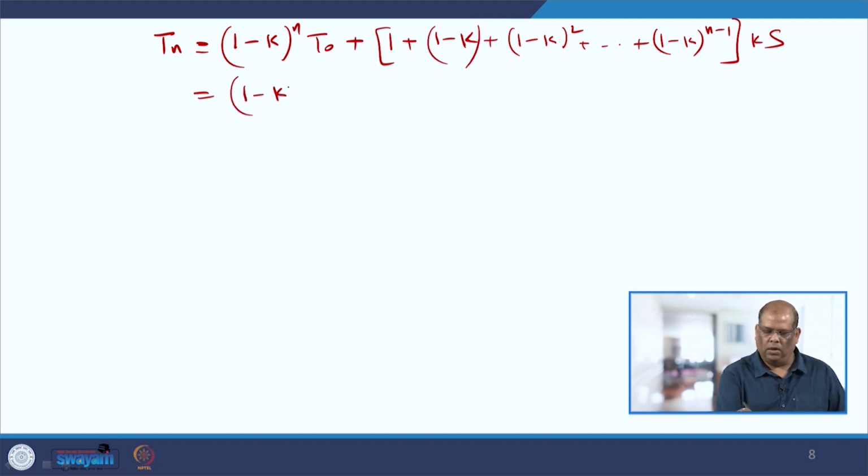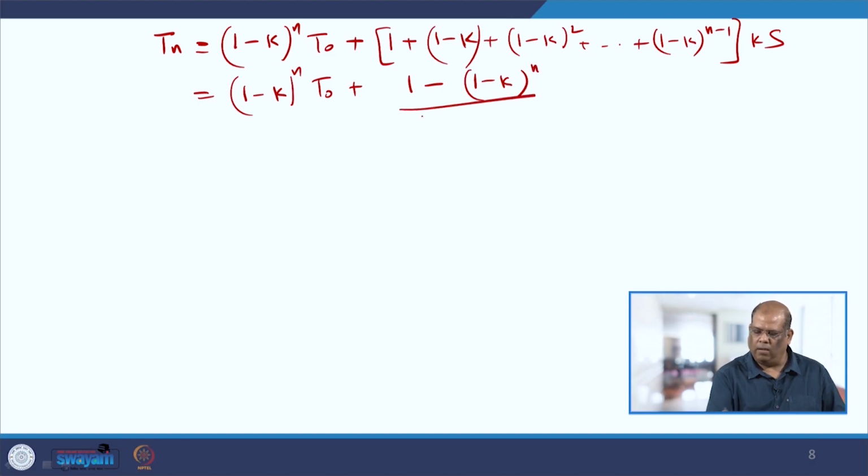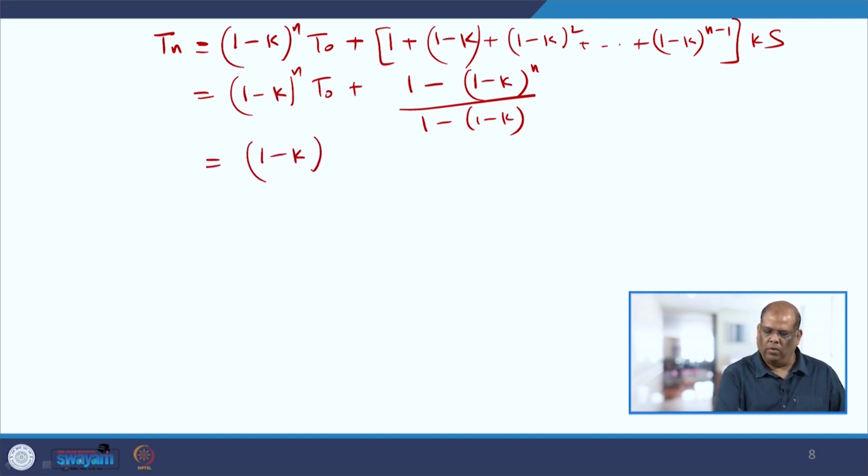So, a simple GP series, which is (1 minus (1 minus k) to the power n) divided by (1 minus (1 minus k)), and this is (1 minus k) whole to the power n T0. Here k is there, this and this cancel, this becomes positive.